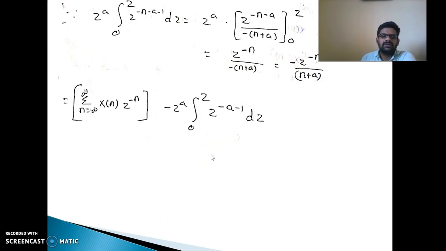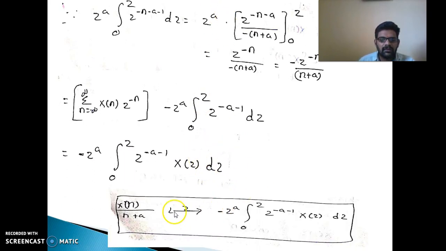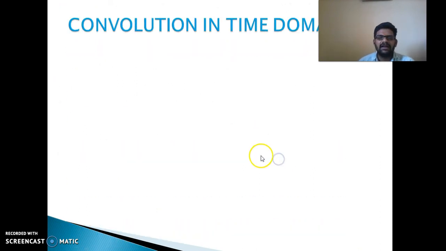So you can take this into account, and finally it is equal to the same, that is the property. Hence it is proved. x of n by n plus a is a Z transform pair with minus Z power a integral 0 to Z of Z power minus a minus 1 X of Z dz.